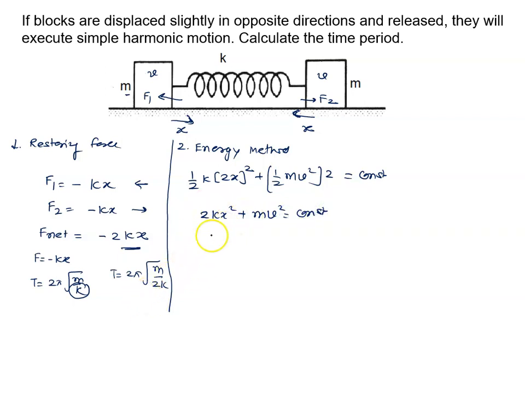Now we differentiate with respect to time: 2k, 2x, dx by dt, plus m, 2v, dv by dt equal to 0.